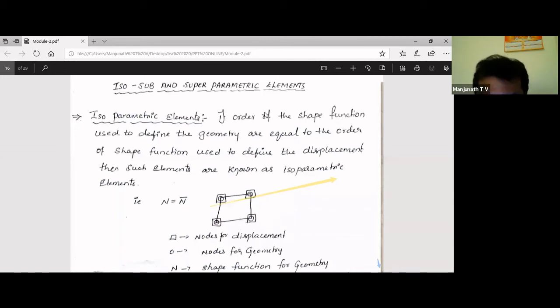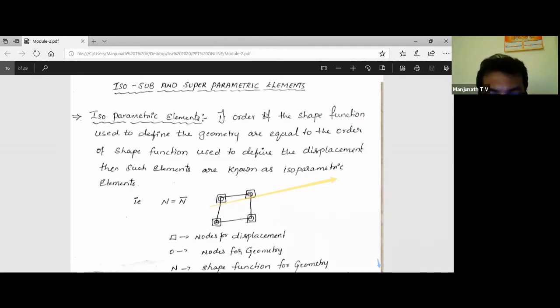How are we going to evaluate these isoparametric elements? We take the isoparametric element in the natural coordinate system and transform it into the Cartesian coordinate system as an arbitrary element. This arbitrary element has a geometry. For this geometry, we obtain the shape function, as the parent element has a shape function value.